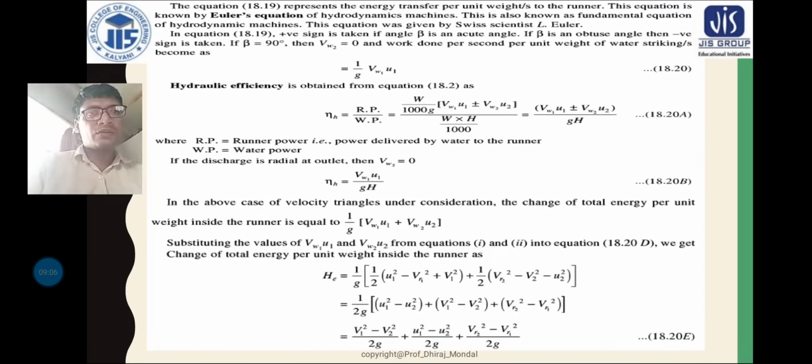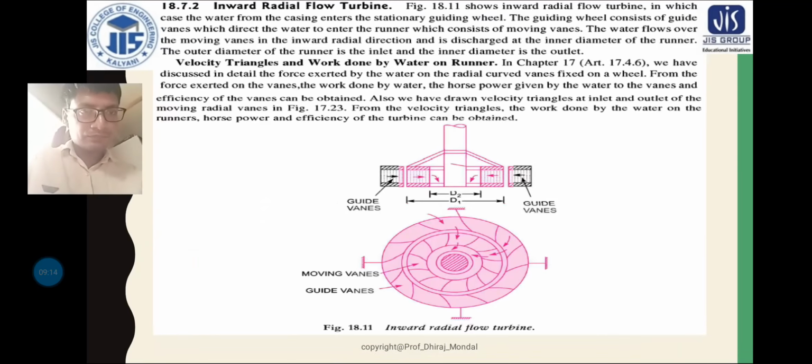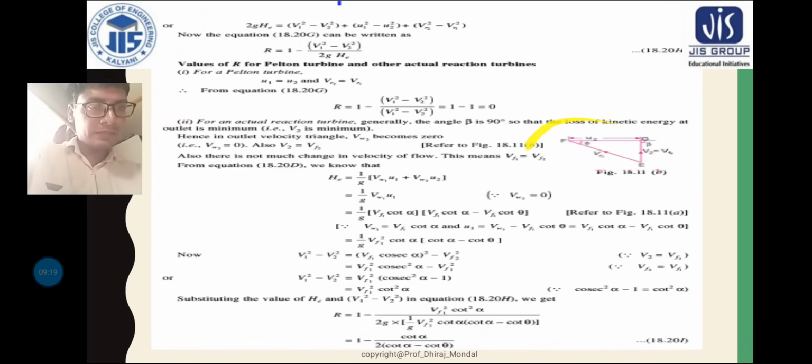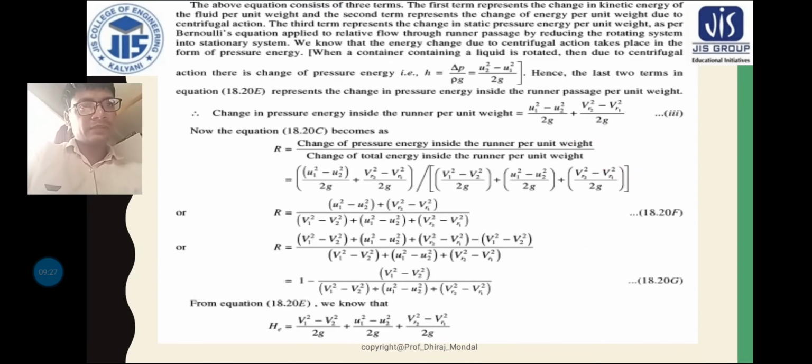Why? Because beta is equal to 90 degrees, and from the velocity triangle you can see here, Vw2 will be 0. Am I right?